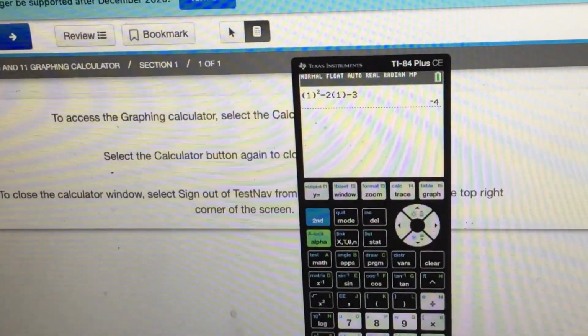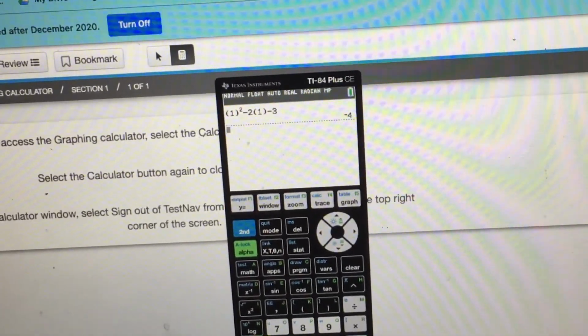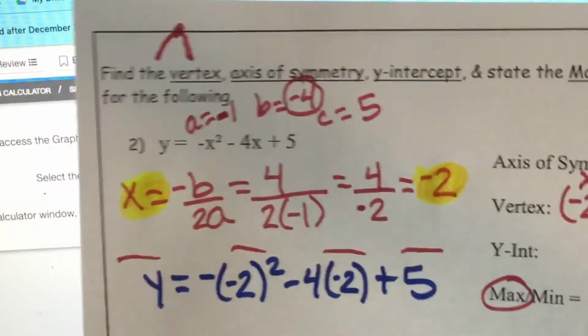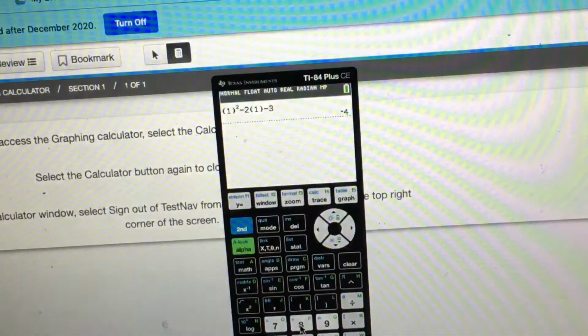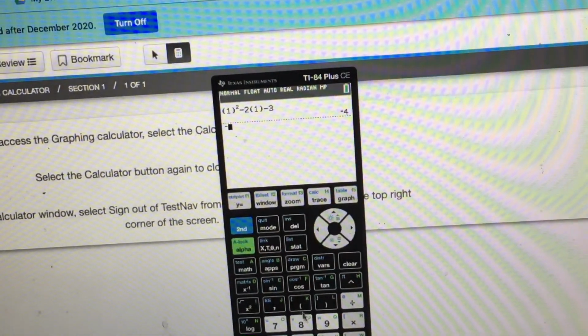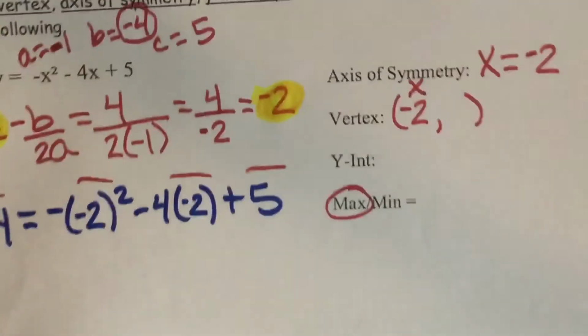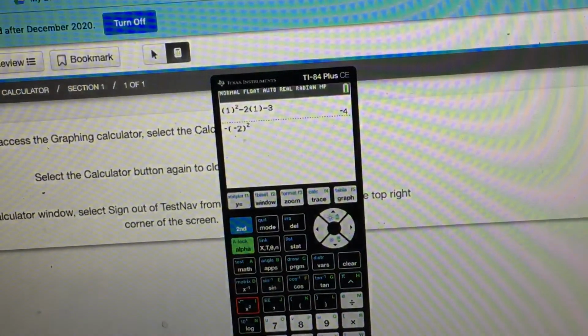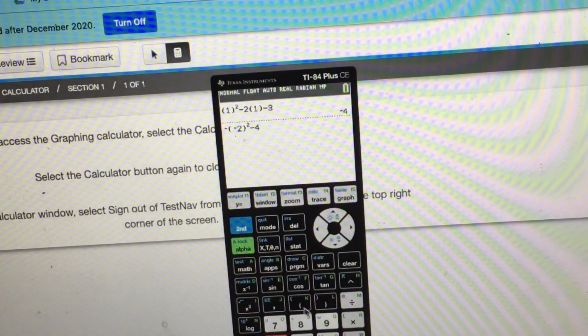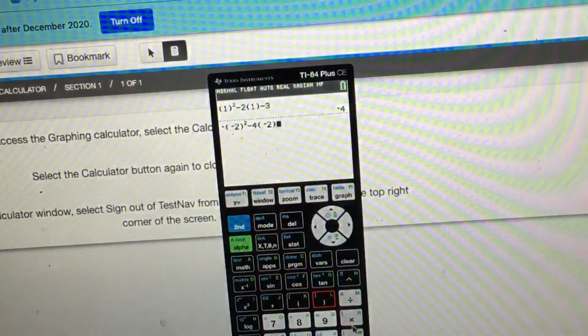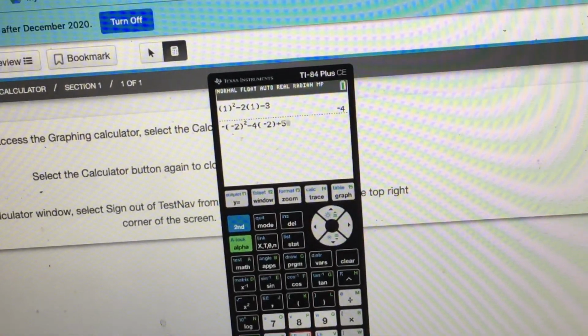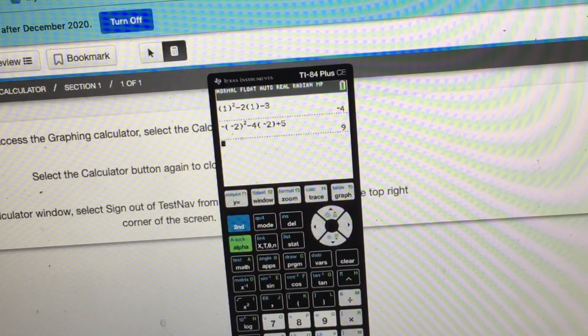So negative, then parenthesis, negative 2, close it, square it, minus 4, parenthesis, negative 2, and then in the very back, plus 5. And when I hit enter, I get 9.